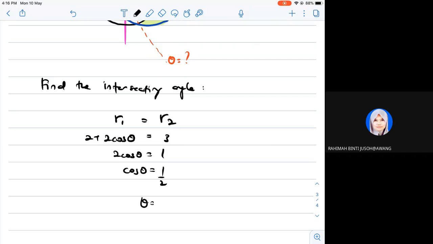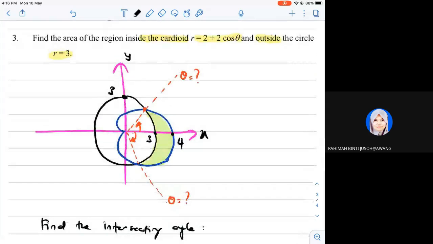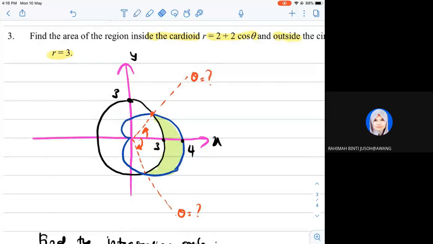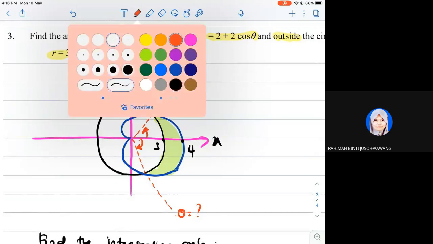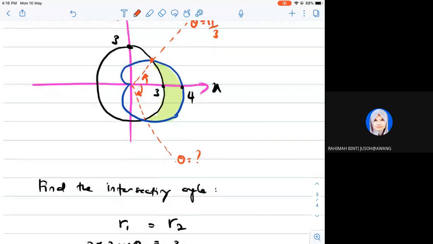Then theta should be 60 degrees or pi over 3. Okay, basically guys, since this involves cos, it will be symmetric about the x-axis. So logically if at the top you have pi over 3, of course at the bottom it is the same. It will have pi over 3. Like that.